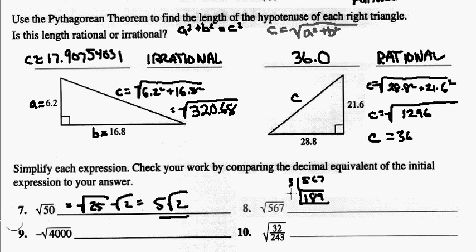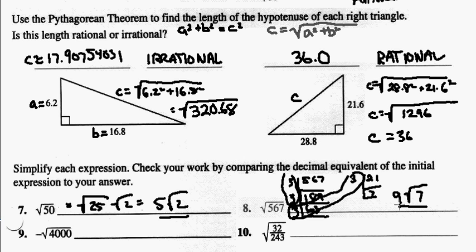That's 63. And 63 is divisible by 3. That's 21. And 21 is divisible by 3, and it leaves me with 7. So I have 2 pairs of 3's and a 7 left over. So this is going to be 9 square root of 7. That would be my answer for that.